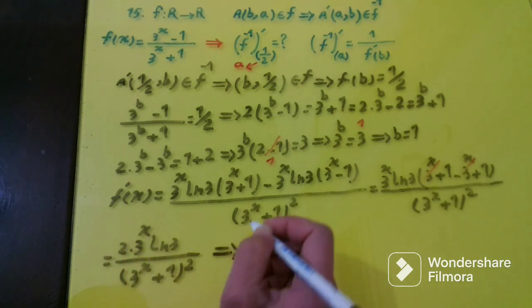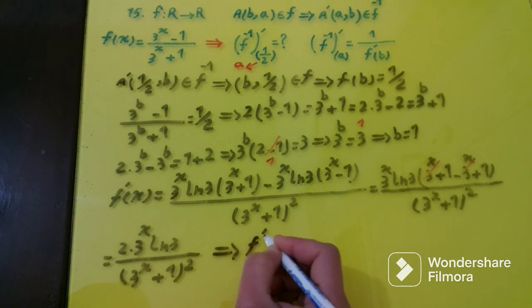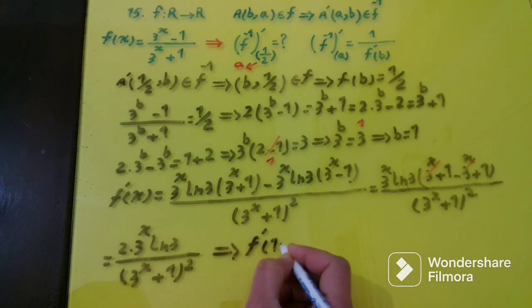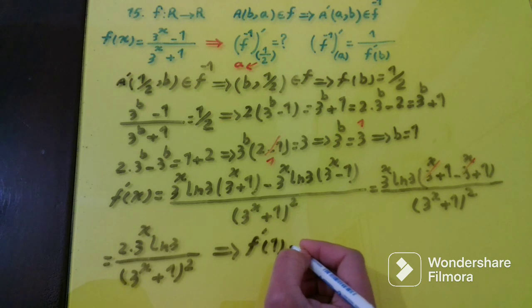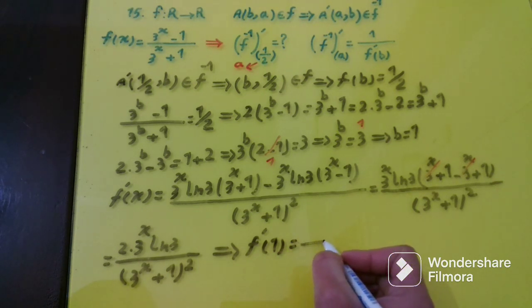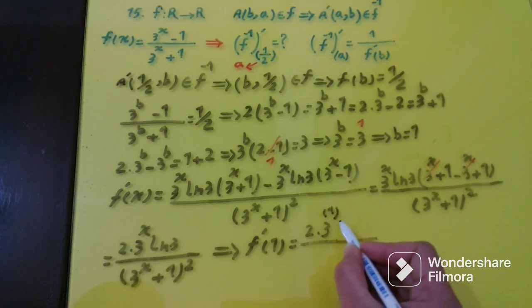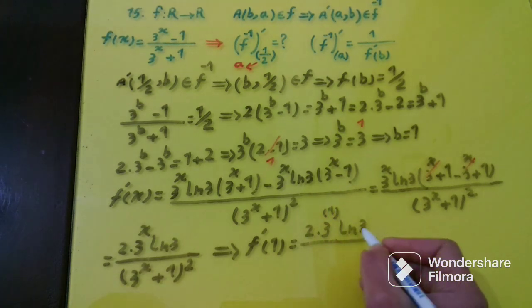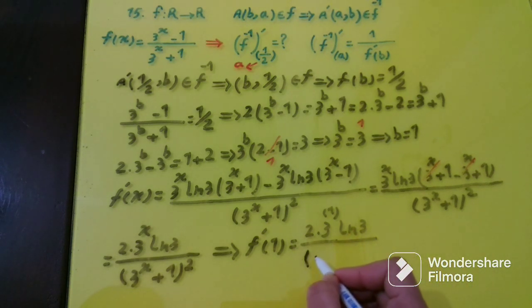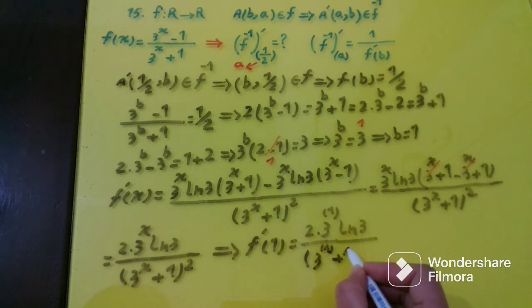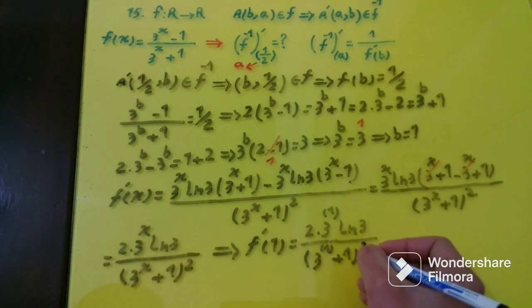So f prime of b is 2 times 3 to the 1 times ln of 3 over 3 to the 1 plus 1 to the 2.